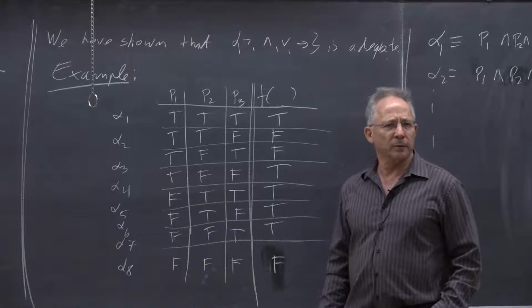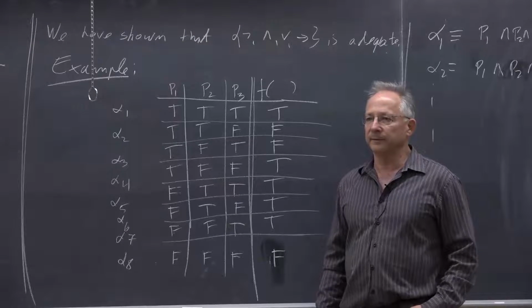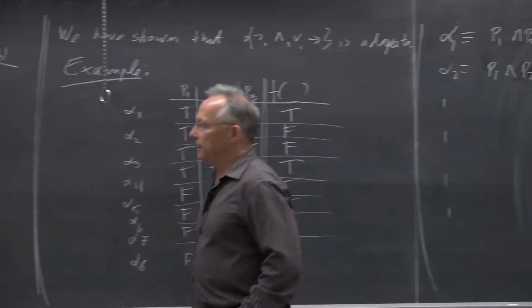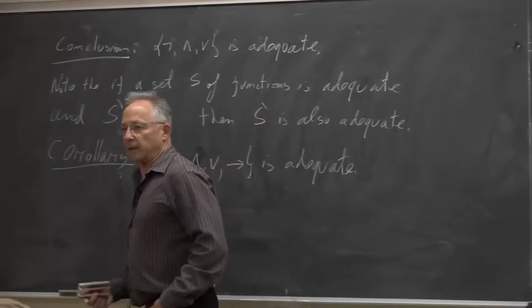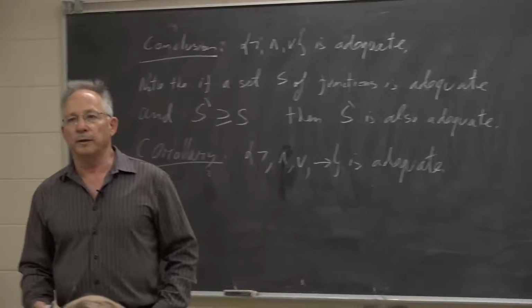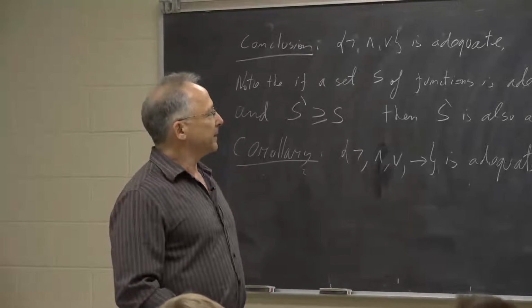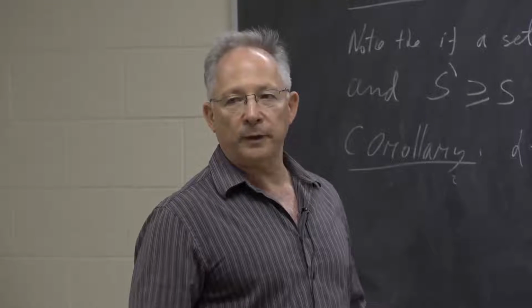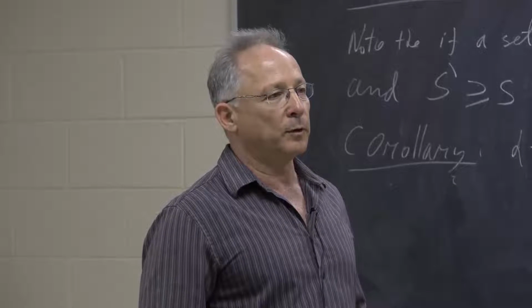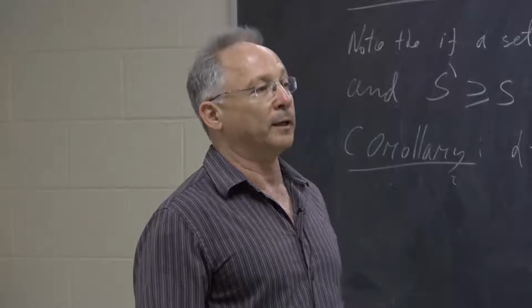Any questions? Someone looks troubled. So let us play with this a little bit. Two things we want to show. I want to show you that there are even smaller systems which are still adequate. And I want to show you that some systems are not adequate.